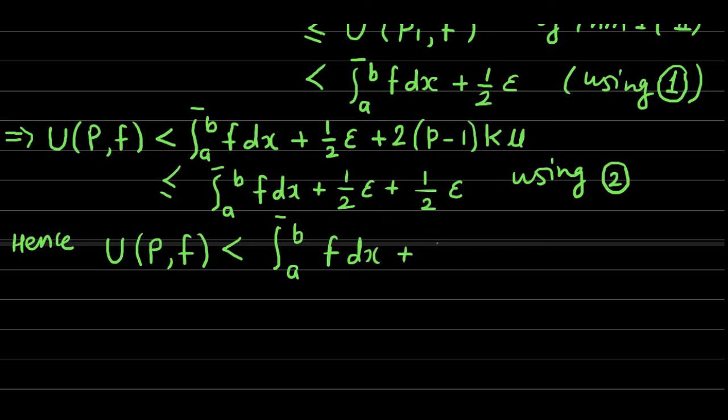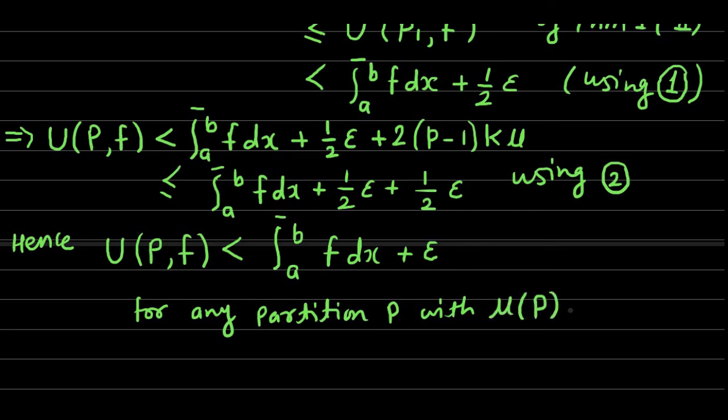But we can use the relation number 2 only when the norm of the partition is less than delta. So we have to mention here, this is for any partition P with its norm, that is mu of P less than delta.